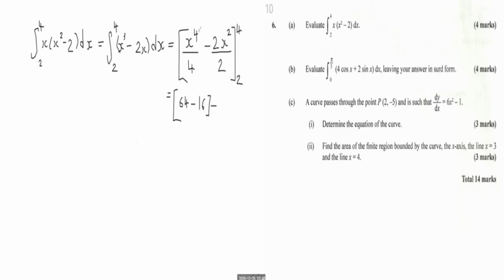Subtract 2 to the 4th power. 2 to the 4 is 16. 16 over 4 is 4. Minus, put in 2 here. 2 squared is 4. And so this works out to be 64 minus 16, which is 48. So that's the integral. 48 units. Don't want to say units squared, it's not area. Units.